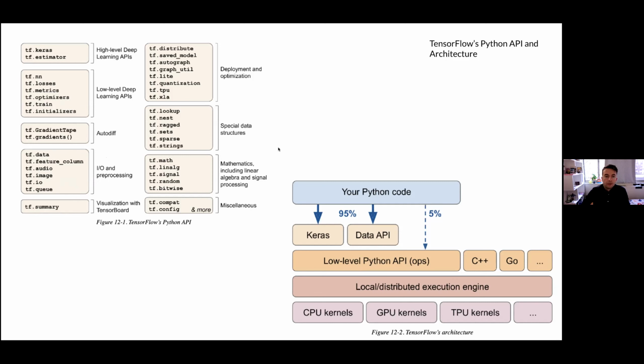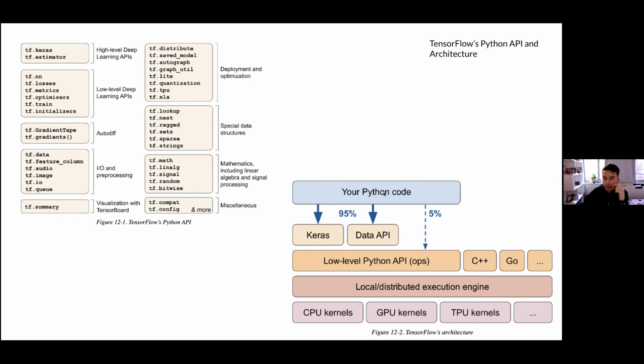There are other APIs here that we won't get the chance to cover, but there's APIs for distributed deployment and optimization for special data structures like sets or sparse tensors, as well as linear algebra and signal processing. So that's the high-level APIs. And there's way more, and there's links on the next slide, as also in the book, where you can look at all of them.